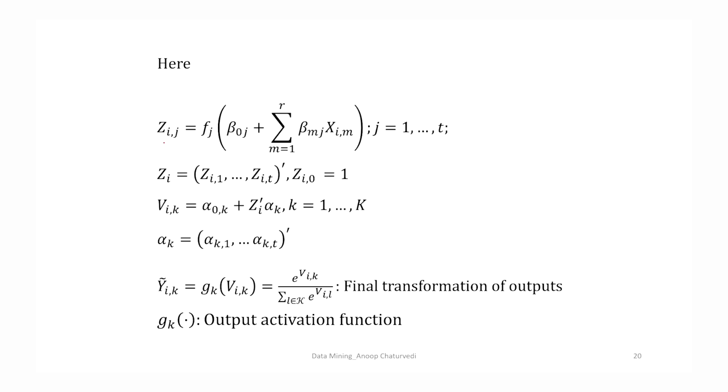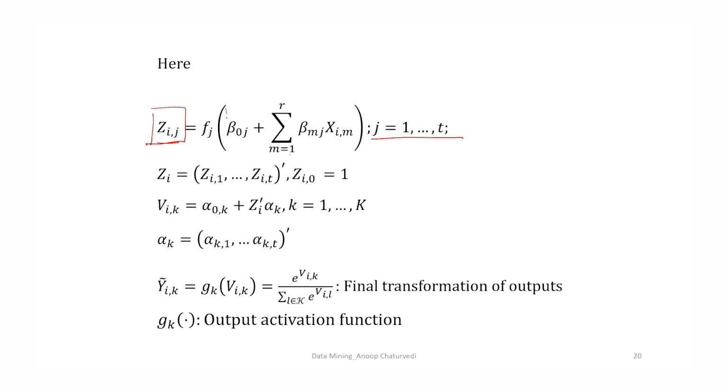Now, here z_ij is equal to f_j of (beta naught j plus the summation m equal to 1 to r of beta_mj x_im). These are the values which we obtain at the hidden layer for j equal to 1 to t.